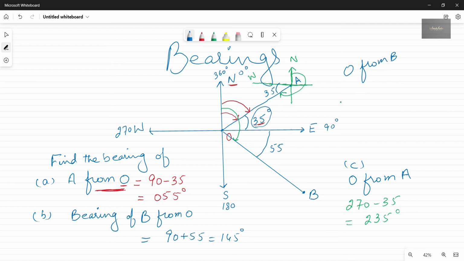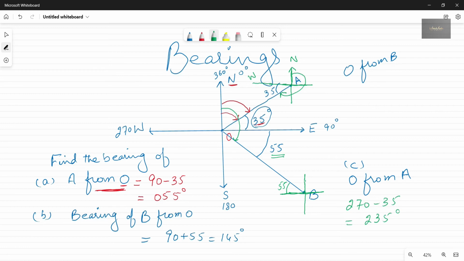now for O from B, you will make a bearing axis at B. These are imaginary lines, but vertical and horizontal lines are there, right? Again, I have given angle of 55 degree with horizontal, so I will shift this 55 here. If this angle would be with vertical, I'll shift it here with vertical, alternative angles, right?